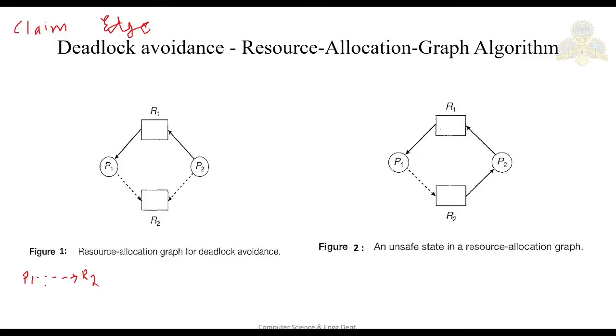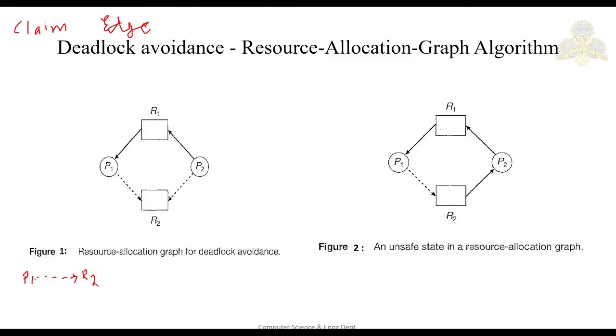Now the first thing is the claim edge will be present from a process to a resource. In this case, it is an assumption that process P1 might need the resource R2 in future. Say suppose it actually needs the resource. After some point, the process actually requests the resource R2. Then this claim edge will be converted into a request edge.